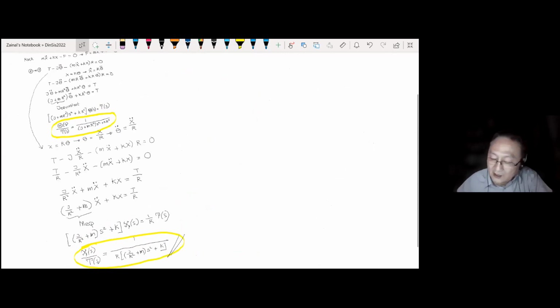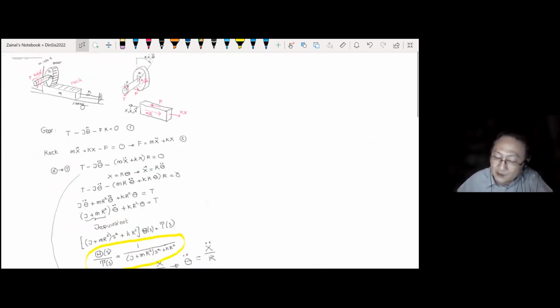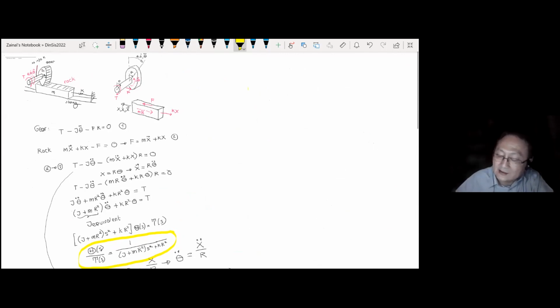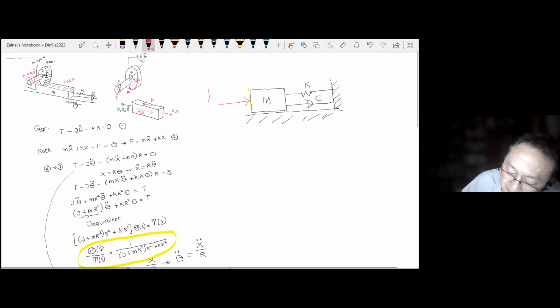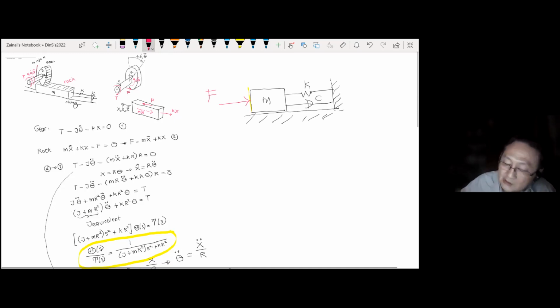Okay. If you have something like this, for example, something like this, and this one has no friction, with m, k, c, and then you apply external force F. First of all, is it possible for you to choose displacement in this direction?